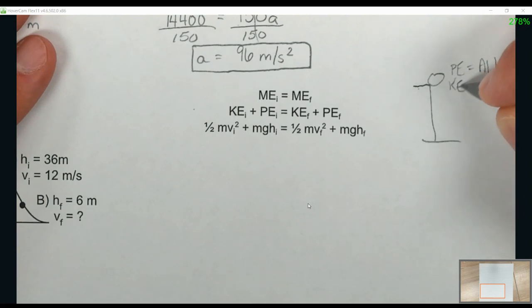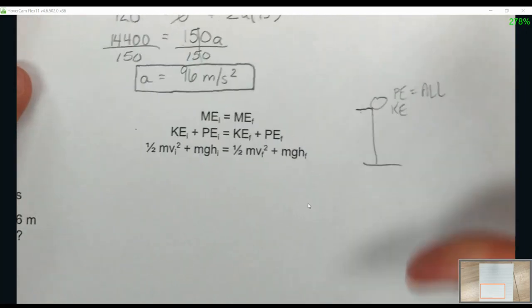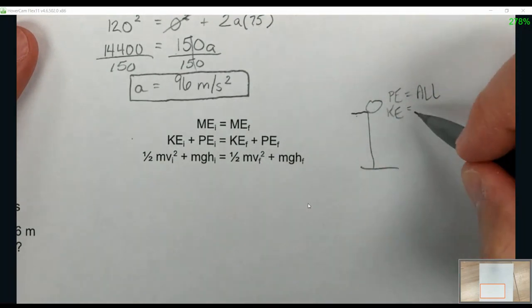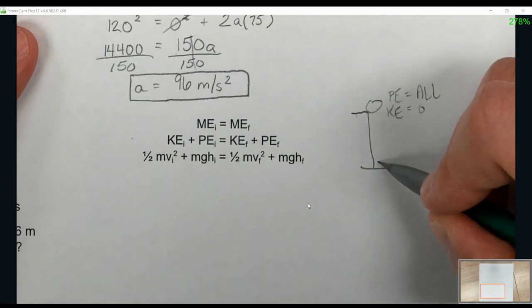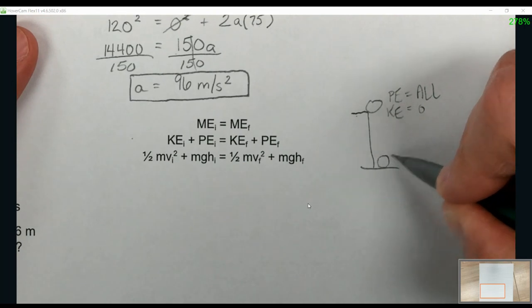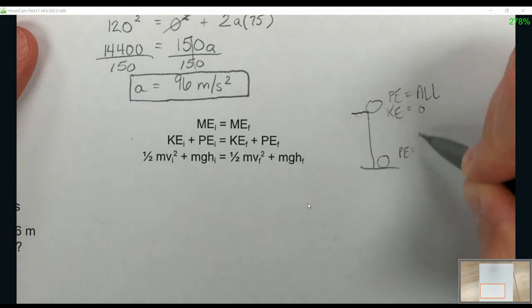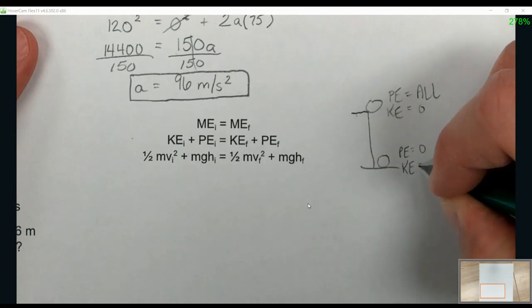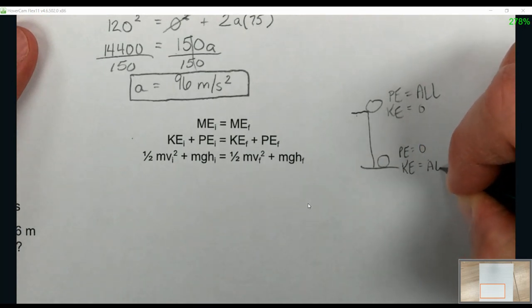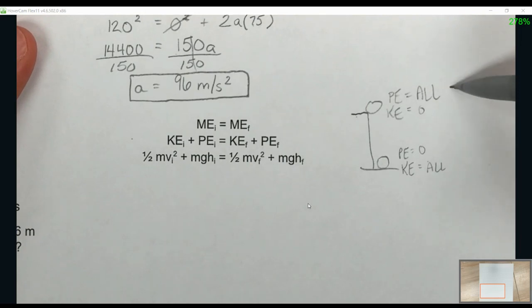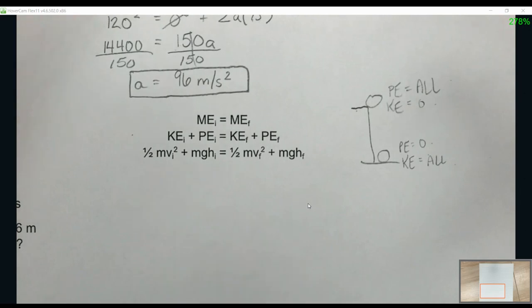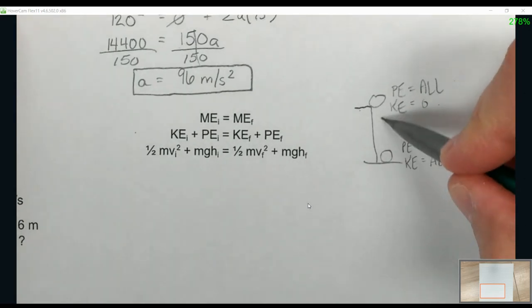If you're not moving, you have 0 kinetic energy because kinetic energy has velocity in there. And right as it would strike the ground, the gravitational potential energy would be 0, and you would turn it basically all into kinetic energy. So if potential up here was 100, down here potential would be 0, kinetic would be 100.